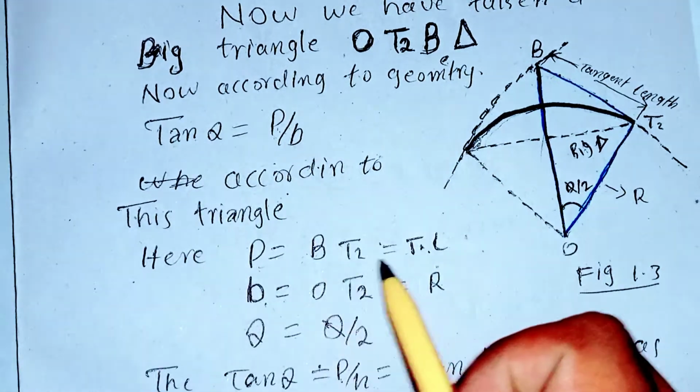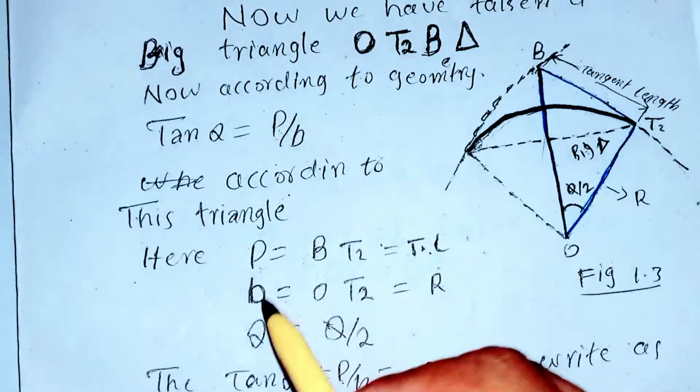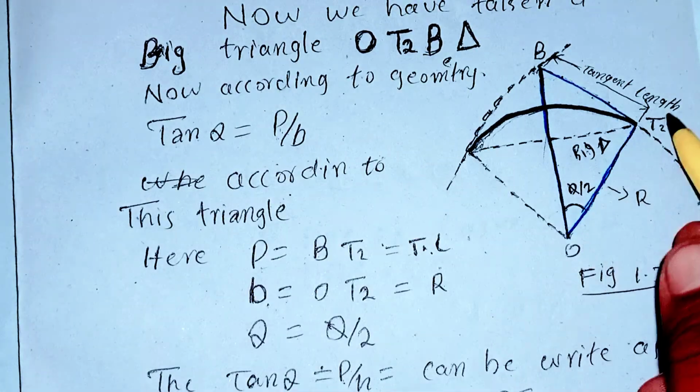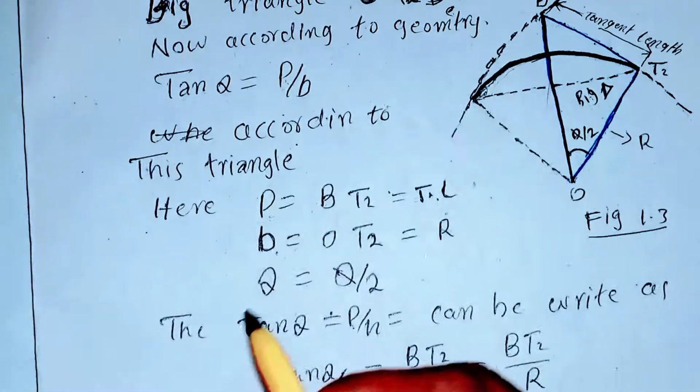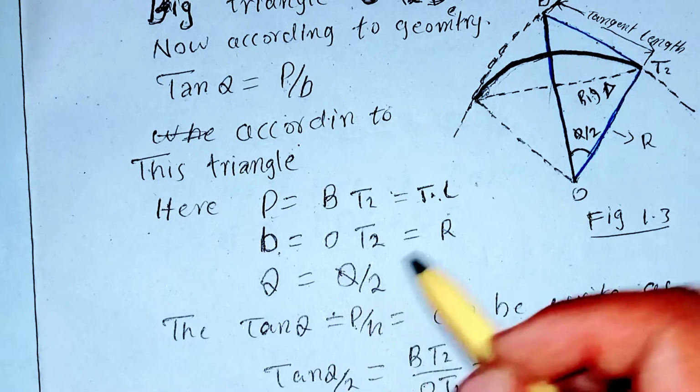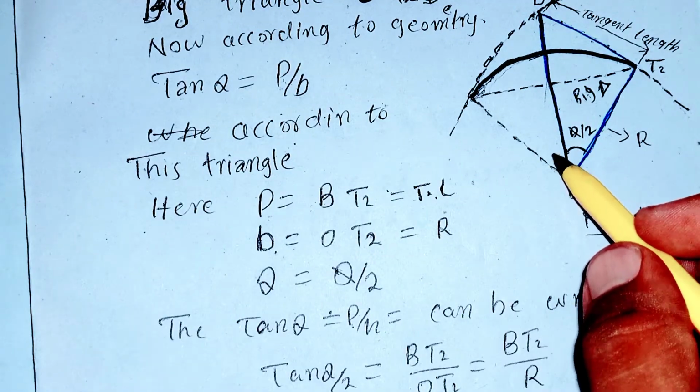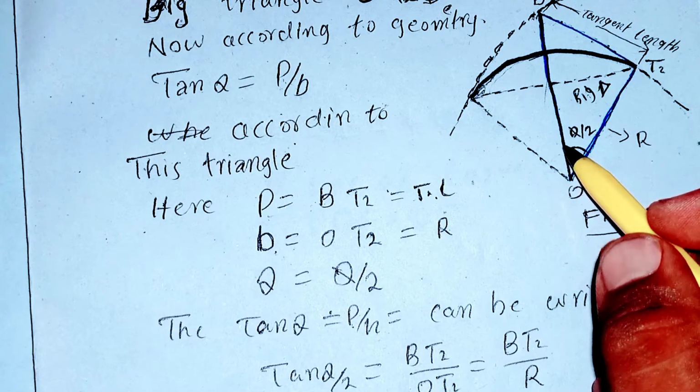So we have written here that the base is equal to OT2, which is the radius of the curve, and the angle is theta divided by 2, which is the whole angle divided into two parts.